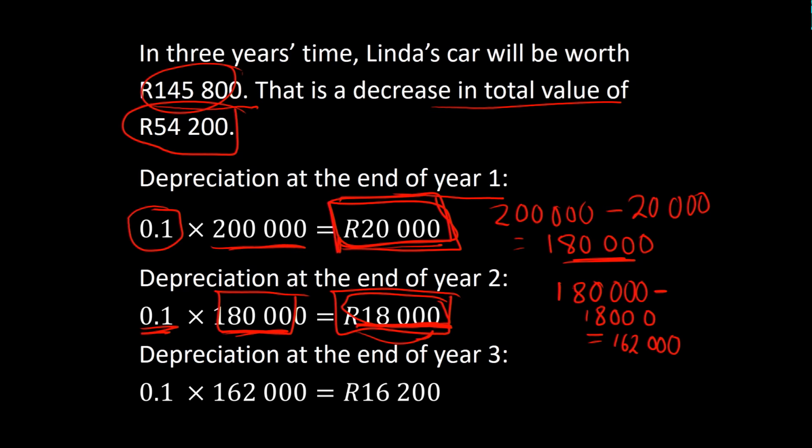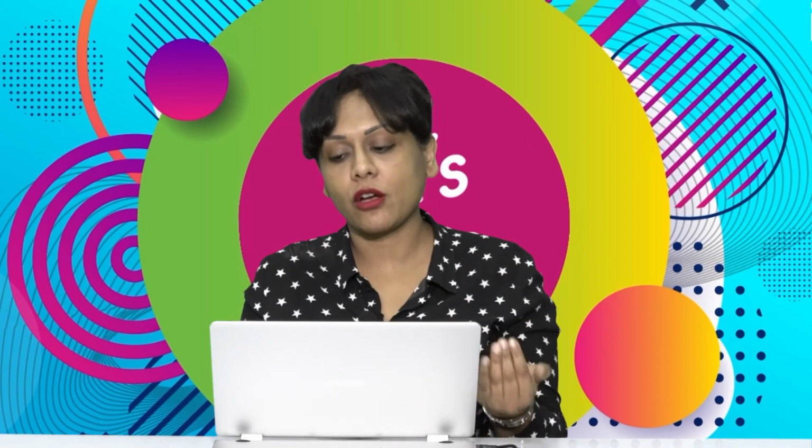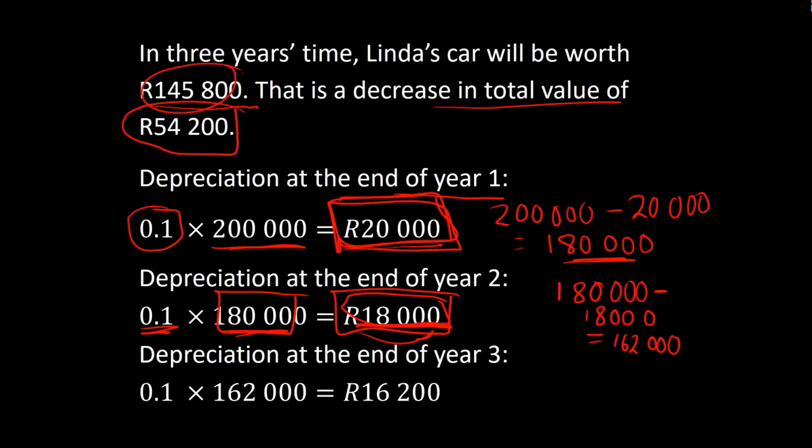Now, when you're trying to find your depreciation for the third year, what do you do? You find 10%, not of 200,000, you find 10% of the new reduced value. So you find 10% of 162,000 Rand. So at the end of the third year, we say 10% times 162,000 Rand, and we see that that is 16,200 Rand.